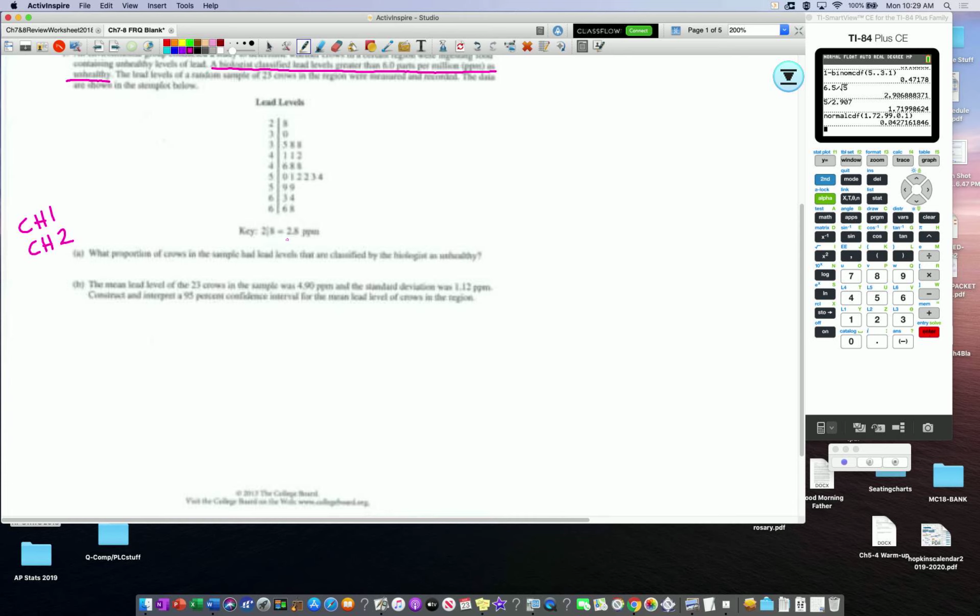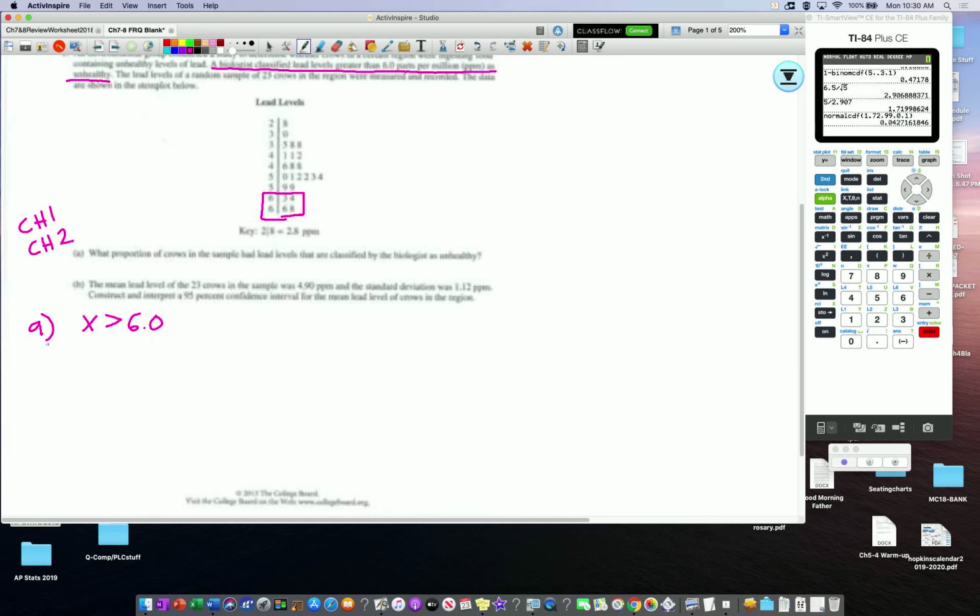Notice how in their key it says 2.8 parts per million. So again, this is the whole number, this is the decimal place. So it's important to be able to read those. So any value that is greater than 0.6, I'm looking for those values.